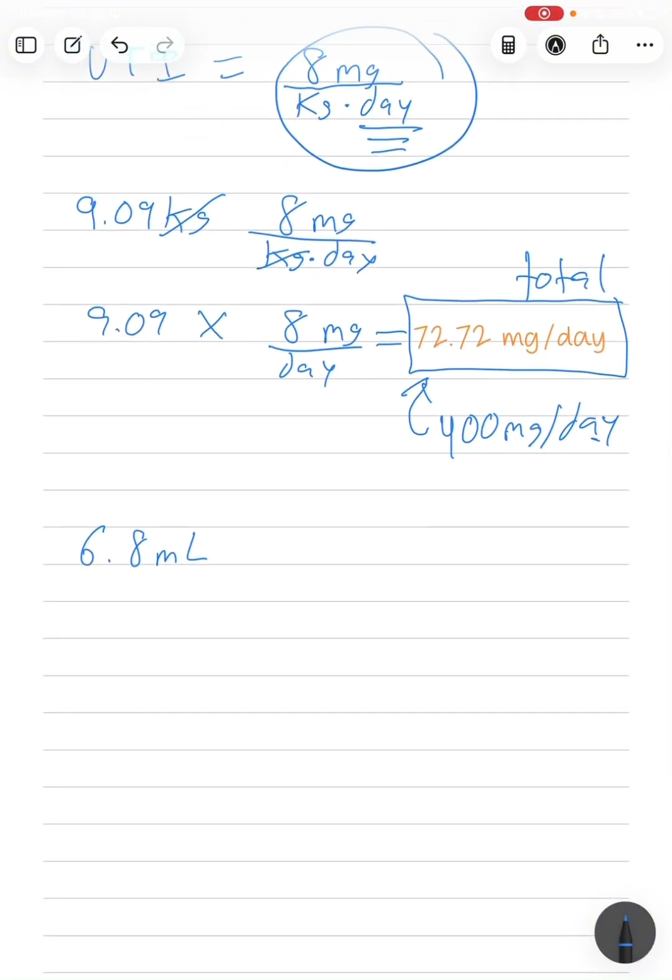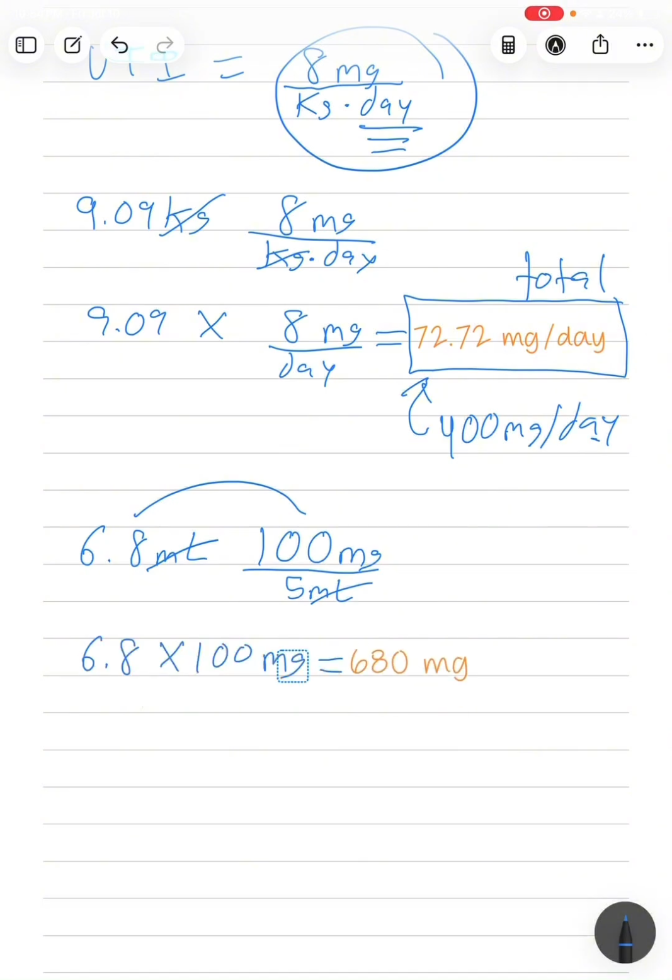Wow, there's a lot of thunder in the background. That's how the medication comes. And same thing we did earlier, we're going to cross out our units and we just do our multiplication. So numerator times numerator, 6.8 times 100 milligrams equals 680 milligrams.